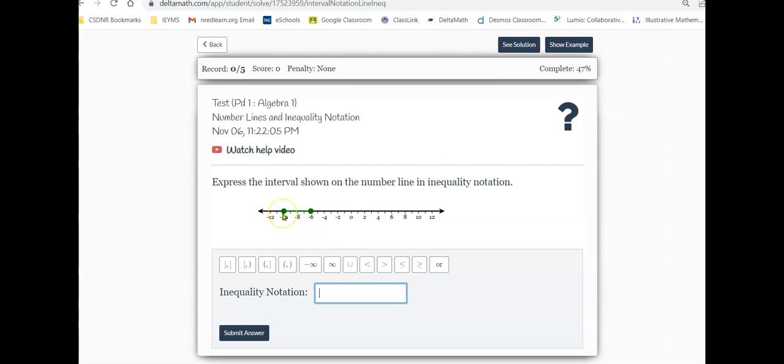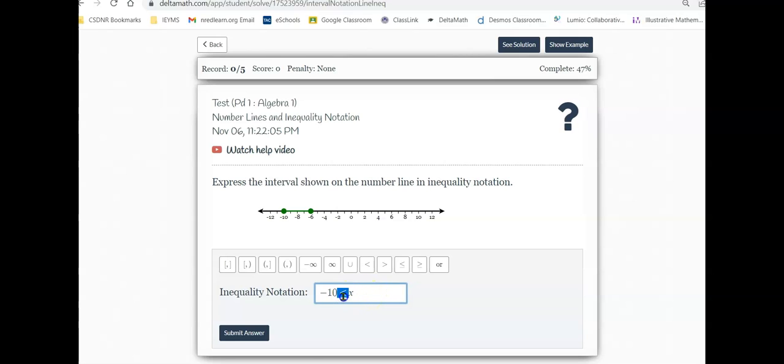Now because these green dots are solid, I'm going to choose one of these 2 here, because these are the equal to signs. Now negative 10 is the smallest I can be. So negative 10 is lower than everything else. So I'm going to use this less than sign, because negative 10 is lower than everything else. And I'm going to use my x.